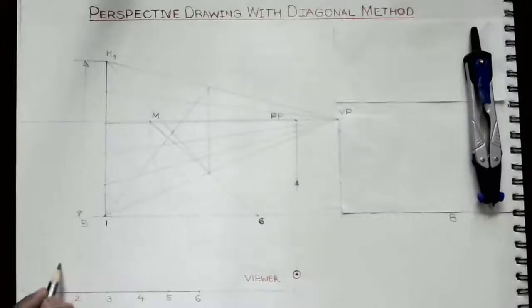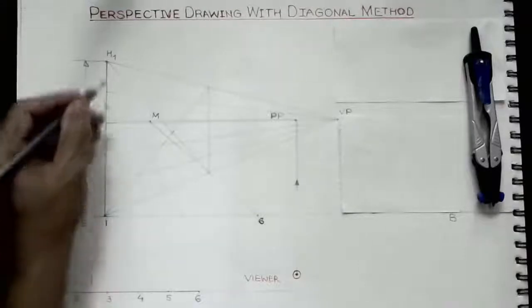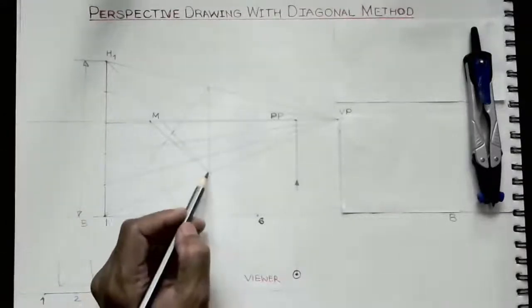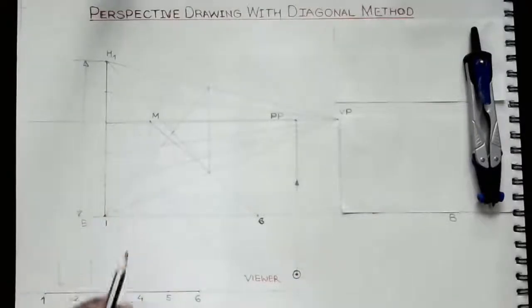Say a rectangle like this, divided into 6 parts here, and this is this vertical line. When we see it in perspective, this edge will get here, by the measurement point method, which we must have definitely practiced from my last videos.